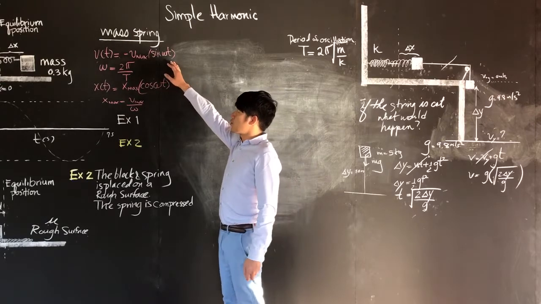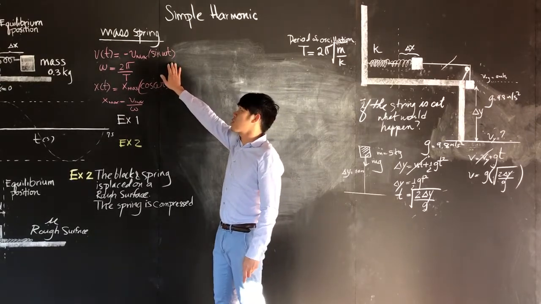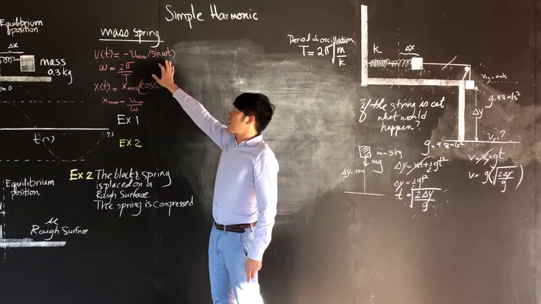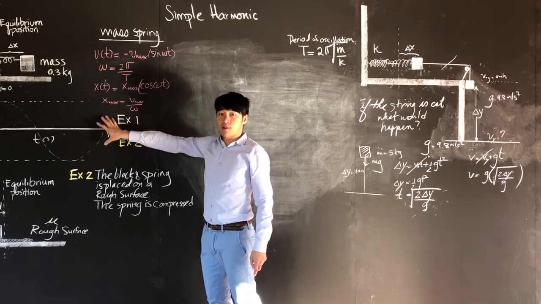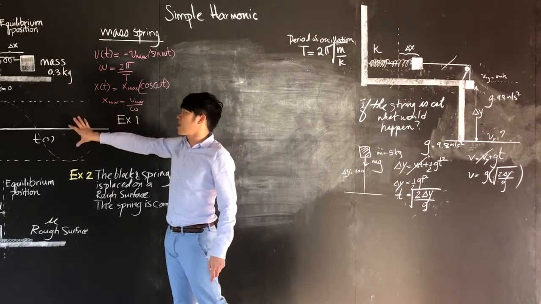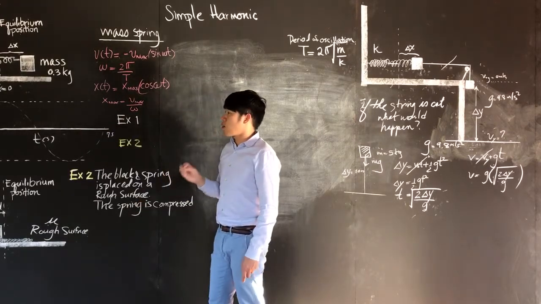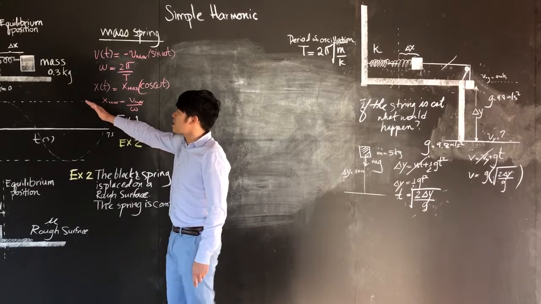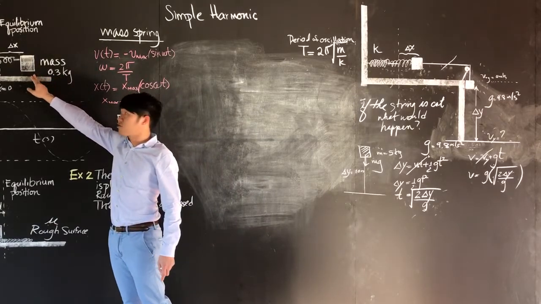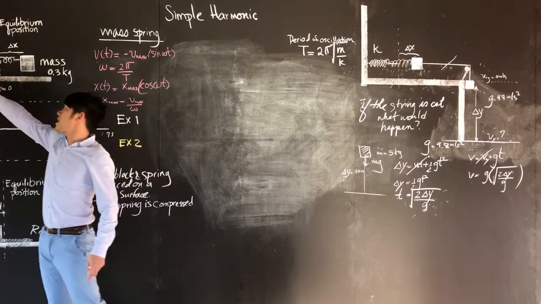And these are the equations that you need to know by now, or at least write down first. You're not going to be able to use a lot of these equations because you can only use this one for certain things. For right now, we're going to use this equation along with the graph itself. So let's look at what's going on on this left hand side of the equations. As you can see, the mass itself is attached to the spring, which is attached to the wall.